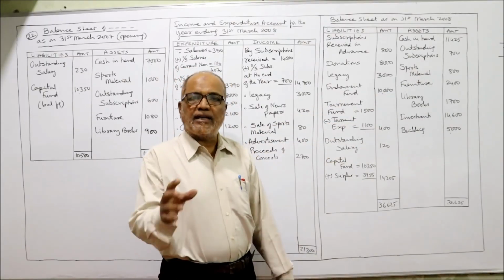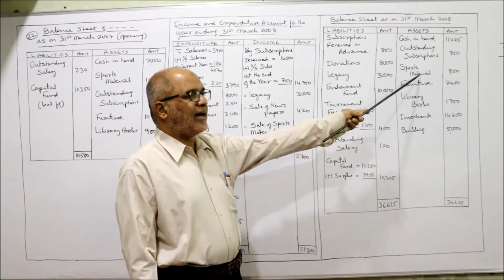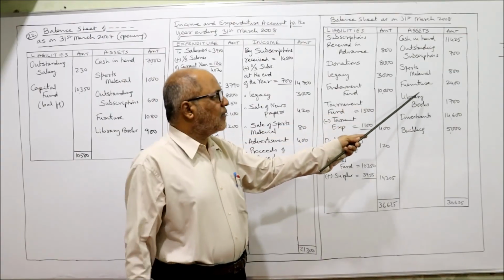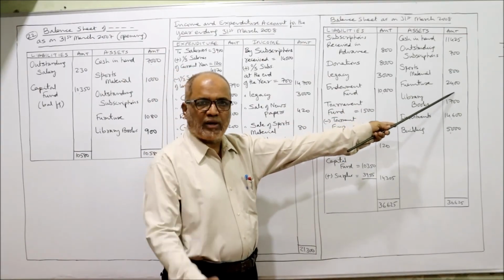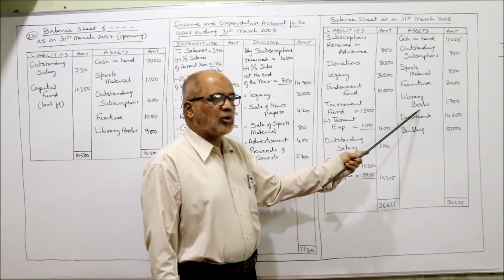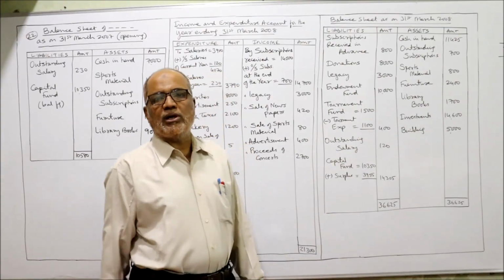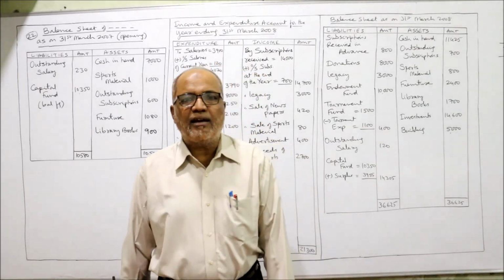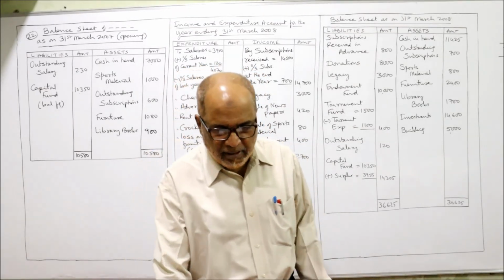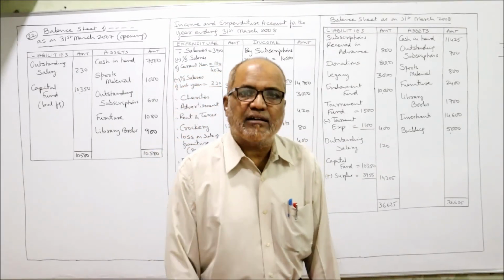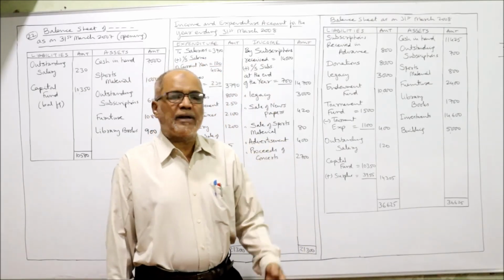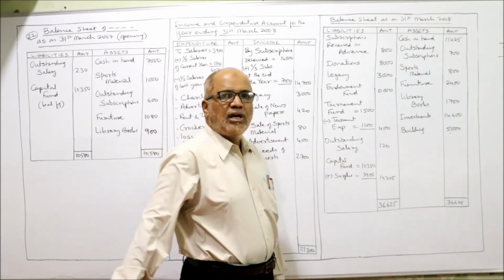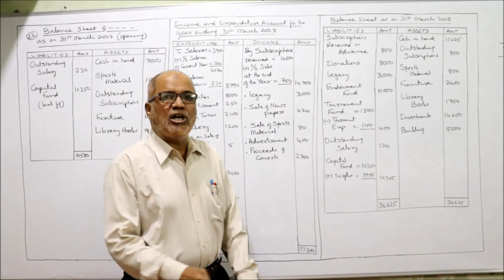Sports material. At the end of the year, sports material value 800 given in the problem. At the end of the year, furniture value 2,400 given in the problem. Library books. At the beginning of the year, library books were 900, and during the year, some library books were purchased for 800. So 900 plus 800, 1,700 library books. Investments are purchased during the year.